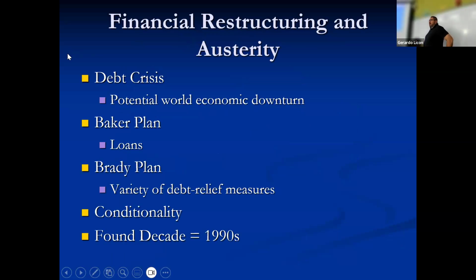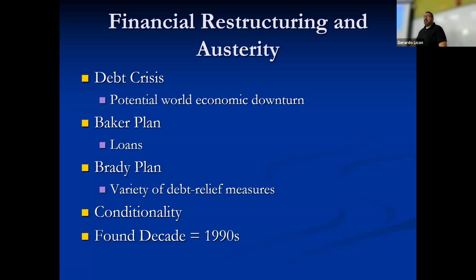All right, so when countries in Latin America fell into a lot of debt, there was a debt crisis. And this would not only affect Latin America, this could affect the whole world, because they fell into debt to banks from the first world, and especially from the United States.